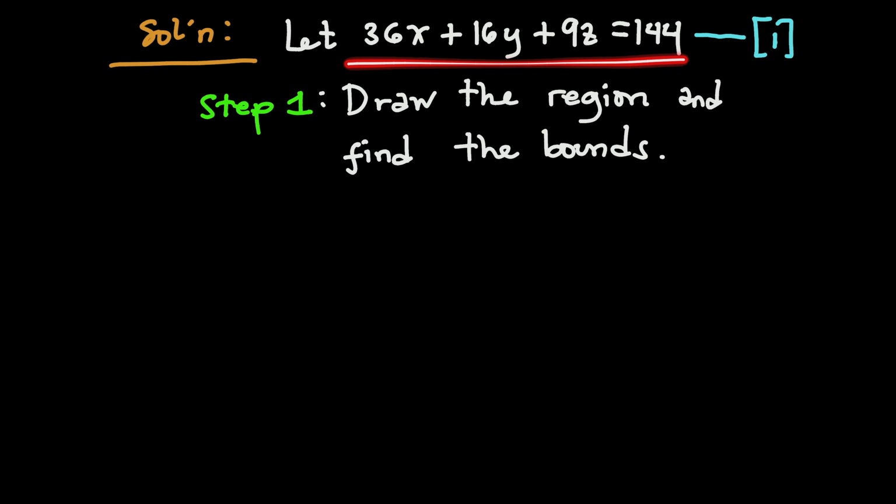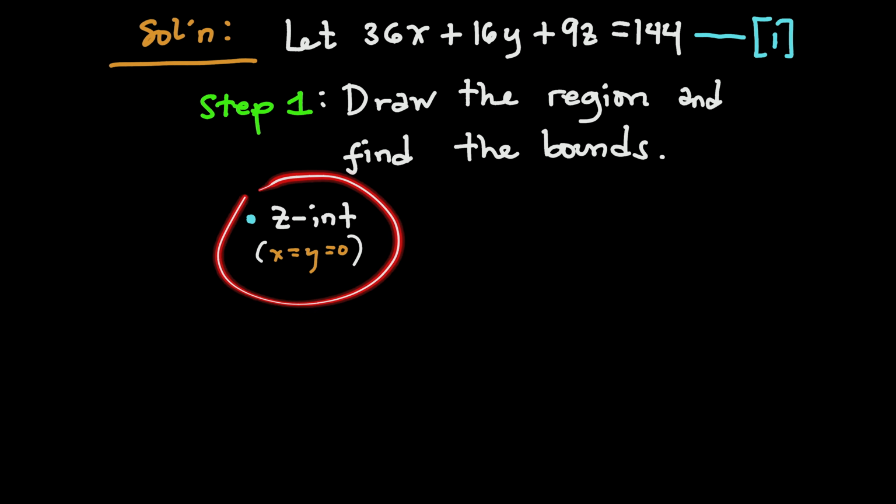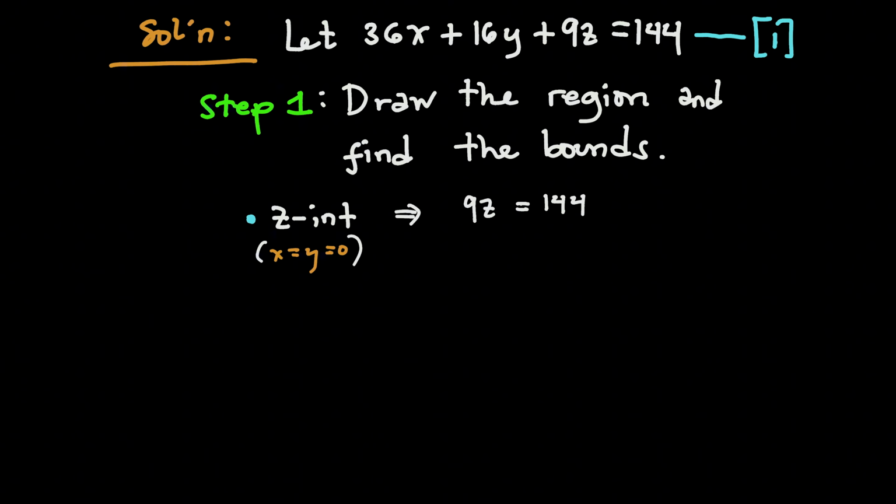Since we are given a plane to be intersected with a coordinate axis, we find the z-intercept. That is, we let x and y be 0. Hence, this cancels out and we are left with 9z = 144, which gives z = 16.